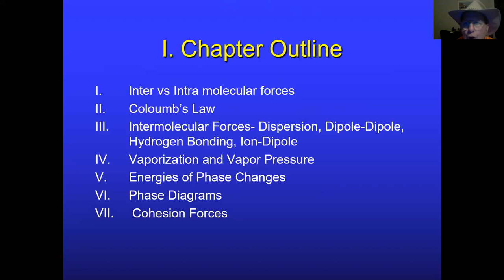Why does tar ooze whereas gasoline flows much easier? We're going to deal with vaporization and vapor pressure. That portion is going to be the Clausius-Clapeyron that you struggled over during the lab period. We're going to deal with energies of phase changes, and the last thing, we're going to touch on phase diagrams, all in 2 periods.